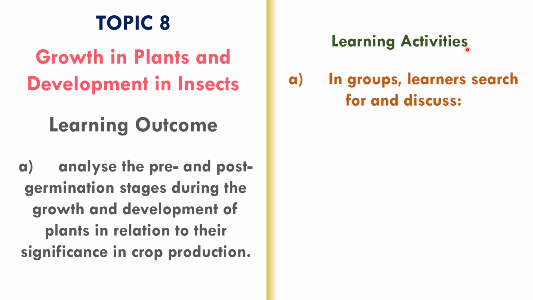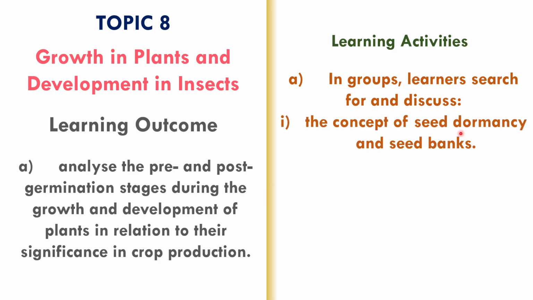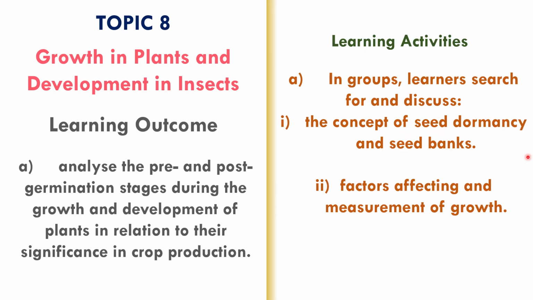Our learning activities. We shall look at part A. In groups, learners search for and discuss the concept of seed dormancy and seed banks, factors affecting and measurement of growth, primary and secondary growth.